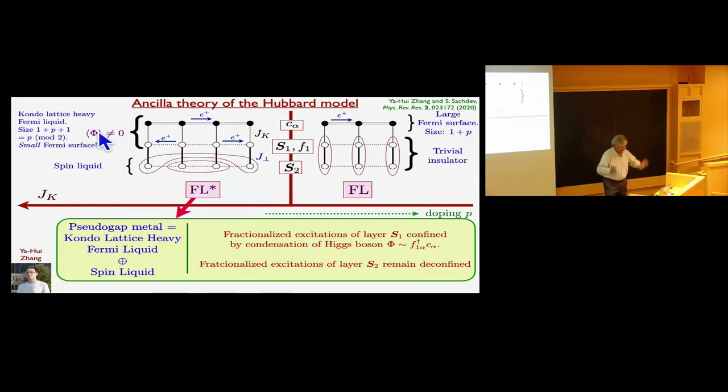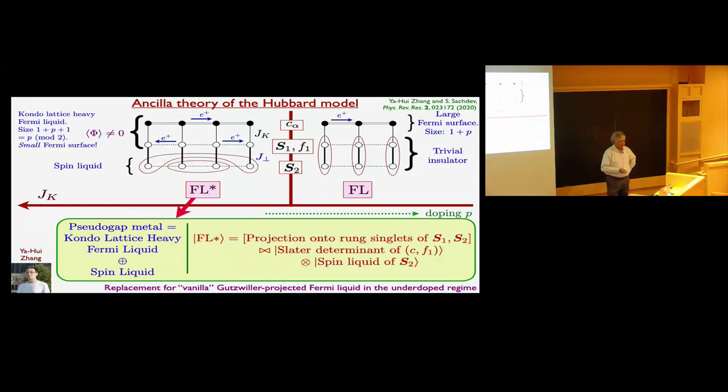And now we can also write down a wave function for it. You take a Slater determinant of the top 2 layers with this small Fermi surface size. Then you take your favorite spin liquid wave function, some free fermion pi flux phase if you wish.